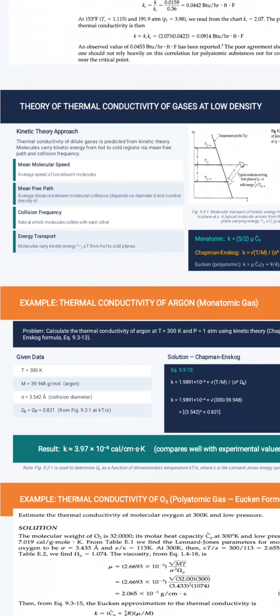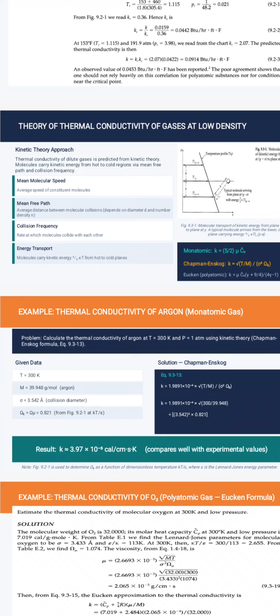Now we'll see some questions. Calculate the thermal conductivity of argon at T equal to 300 Kelvin and pressure equal to 1 atm using kinetic theory, the Chapman-Enskog formula. So how do we solve it? Temperature is 300 Kelvin, molecular weight is roughly 40, sigma is 3.542 angstrom, the collision diameter, and omega K is omega times mu.